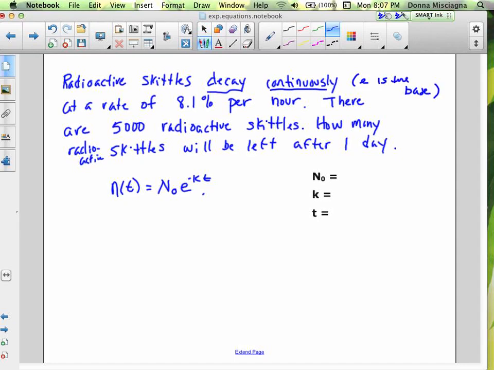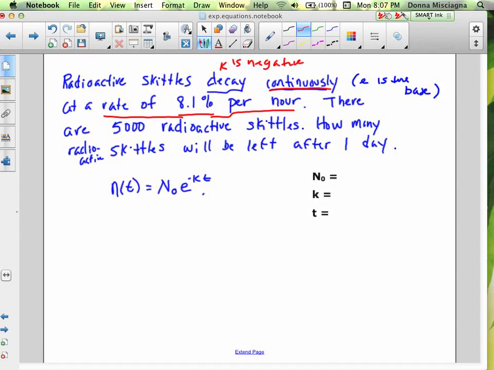8.1% per hour, all right? So a rate of 8.1% per hour. That is our rate of, since it's decay, decrease, so it's going to be negative, all right, because it's decay, all right? So k is negative.